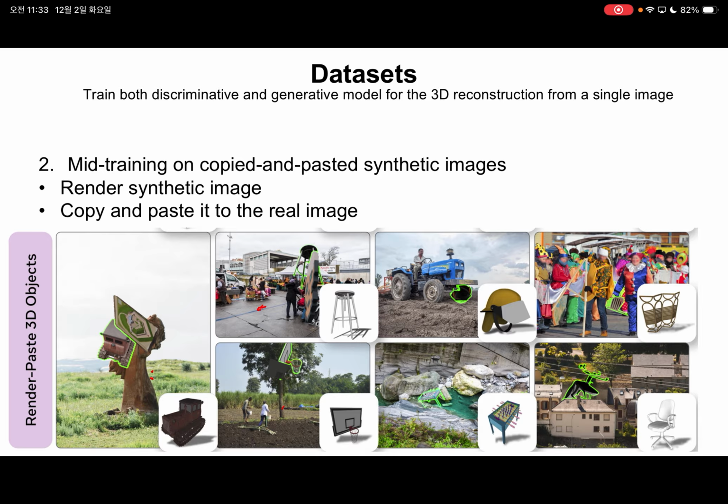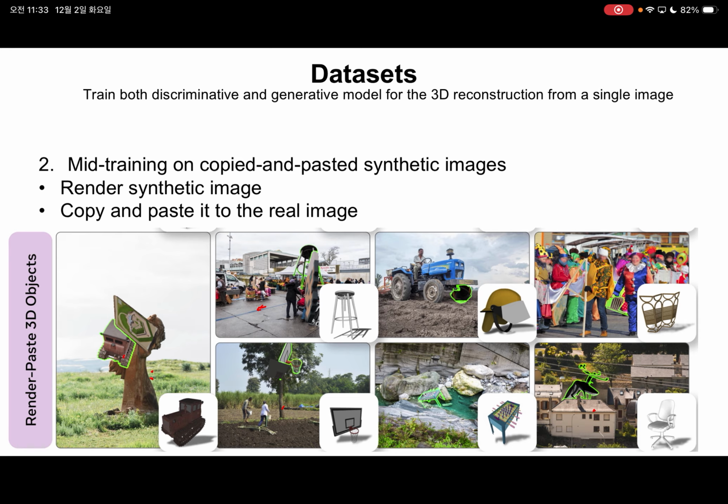It might be semantically implausible. You can see a chair is on the house, or the tractor is in midair. Semantically, this kind of copy and paste does not make sense, but it tries to reduce the domain gap between synthetic images and real images.